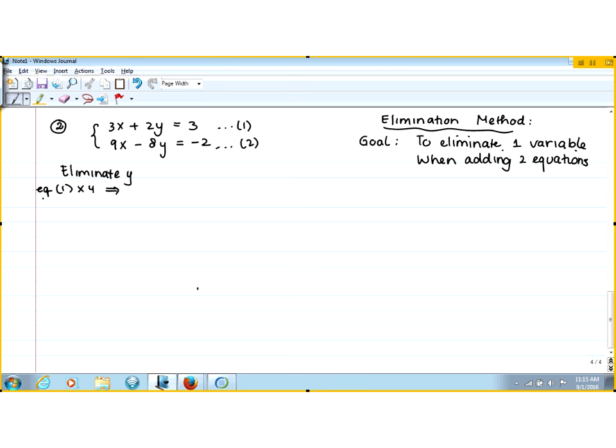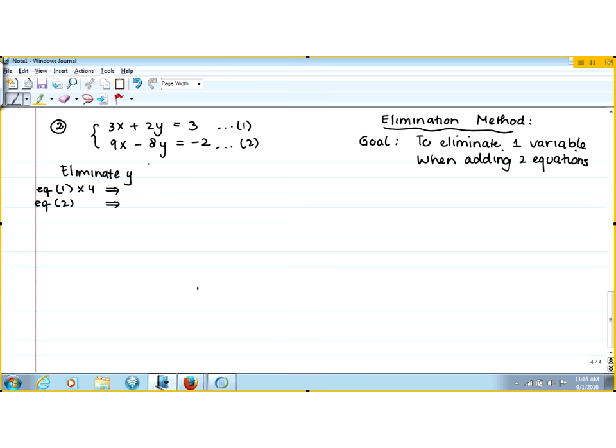Multiply by 4. Right? What do we do with equation 2? We just copy it, right? Okay, so is everybody clear why we have to multiply equation 1 by 4? Any questions with that? No?